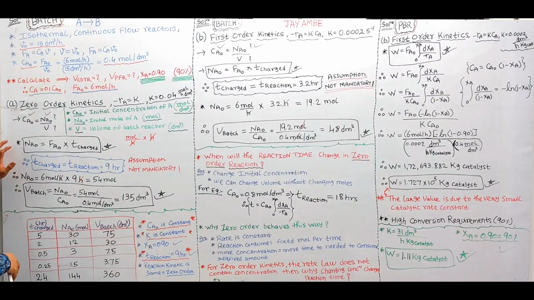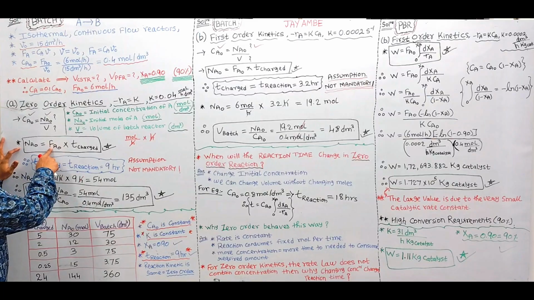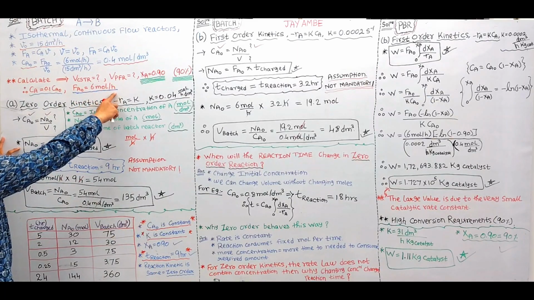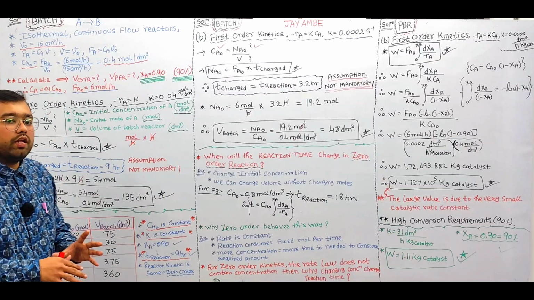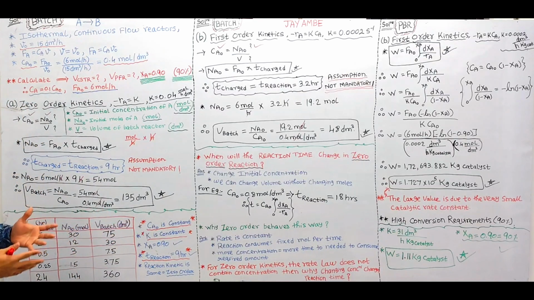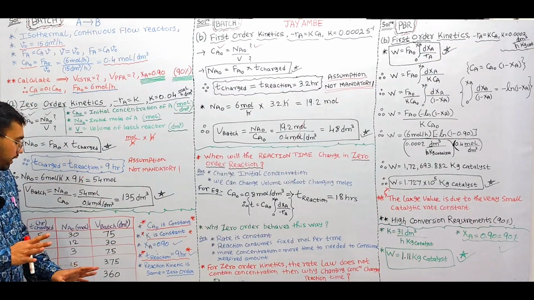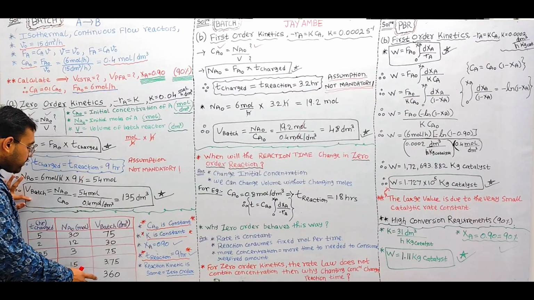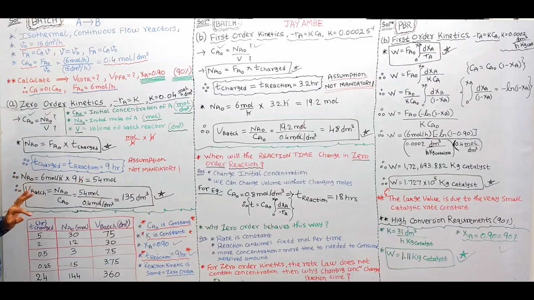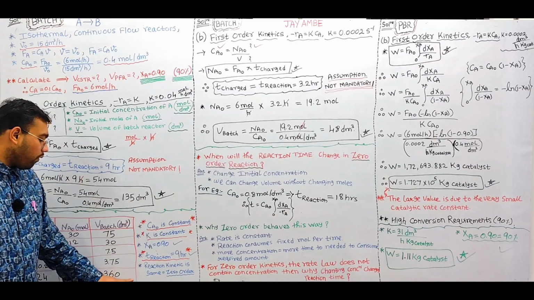By using the same formula, the molar flow rate is constant, 6 moles per hour, into the charge time of 24 hours, so the initial number of moles comes out to 144 moles after 24 hours of feeding in the reaction environment. By using the same formula, we can calculate the volume of the batch reactor, which comes out to be 360 liters.